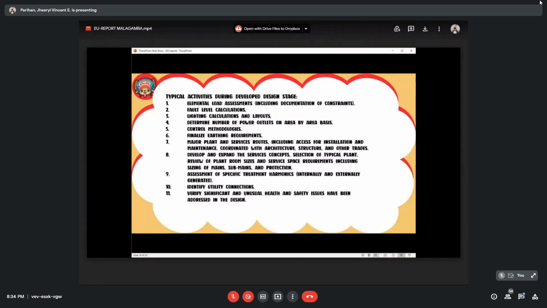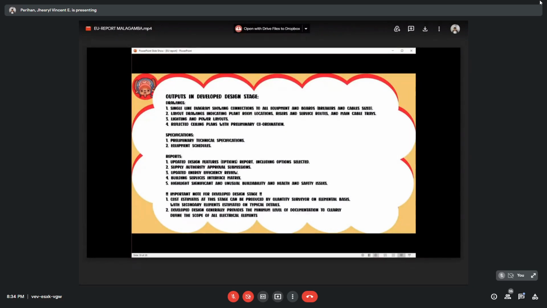Ninth, assessment of specific treatment of harmonics, both internally and externally generated. Tenth, identify utility connections. And last, the very significant and unusual health and safety issues have been addressed in the design.